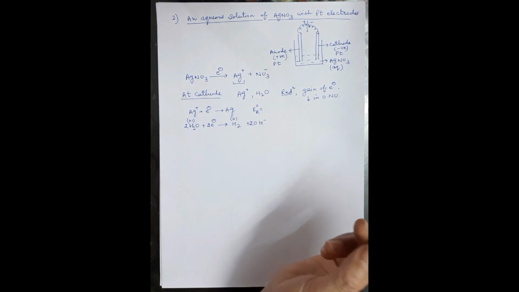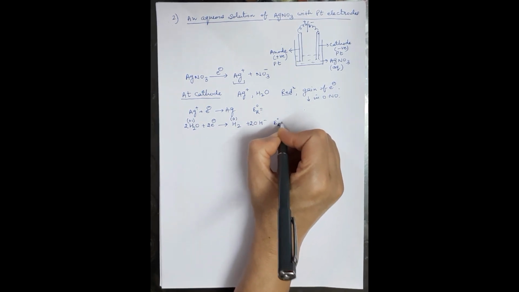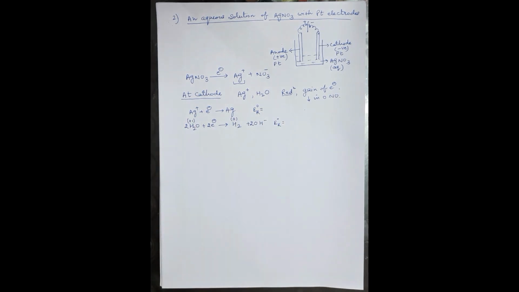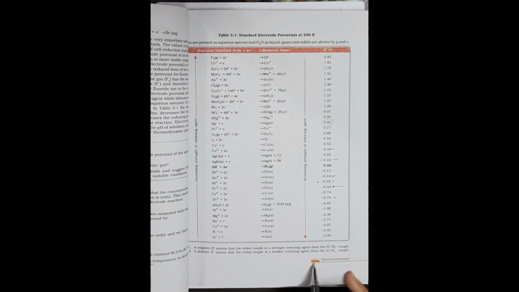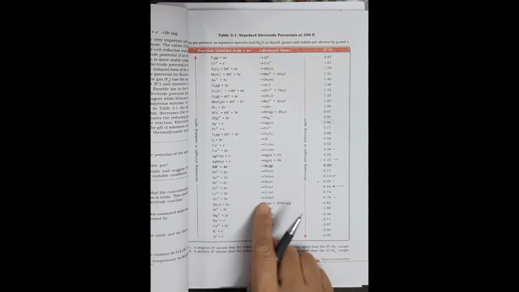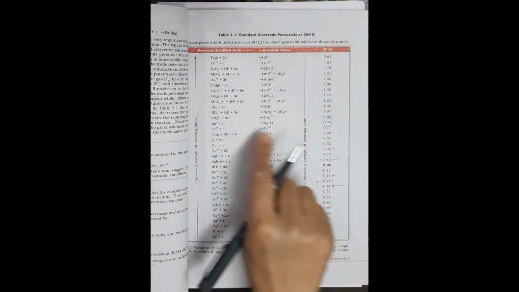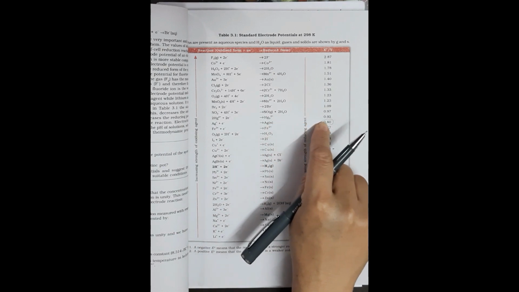You see now the reduction potentials of both of them. If you see in the electrochemical series, which is there in the NCERT book at page number 71, water's reduction potential is -0.83, whereas for silver it is 0.80.